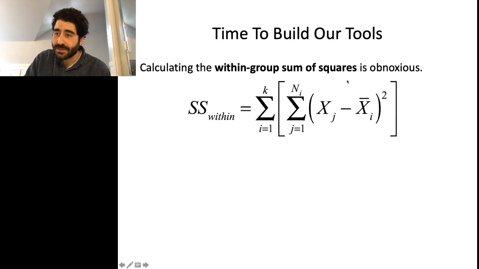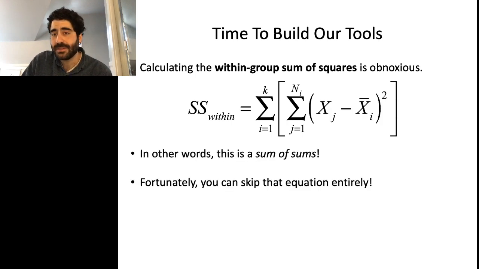This summation here is over all the points inside group i. For every point inside group i, we're going to measure the deviation of that point from the mean of group i and sum up the squares of these things. And then we're going to repeat that across groups. The notation here is slightly clunky, but all we're doing is, for each group, we look at the deviations of every point from the mean of that group.